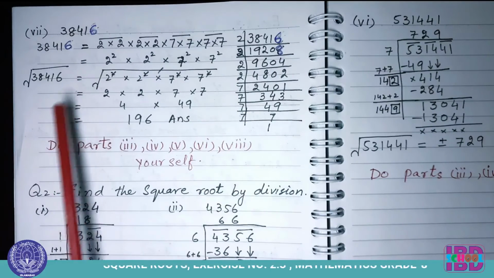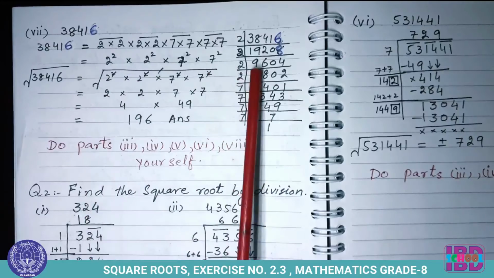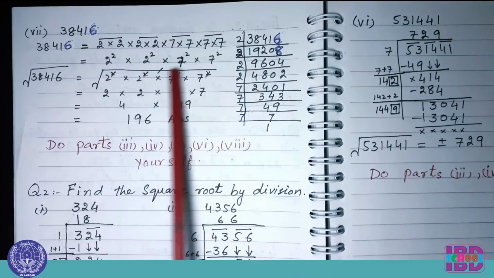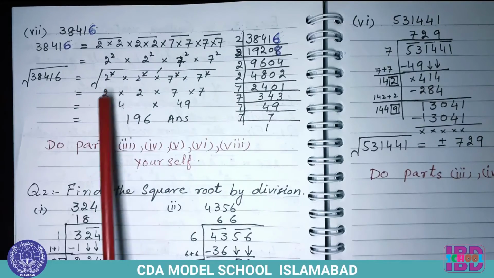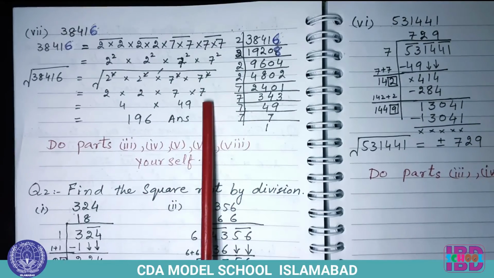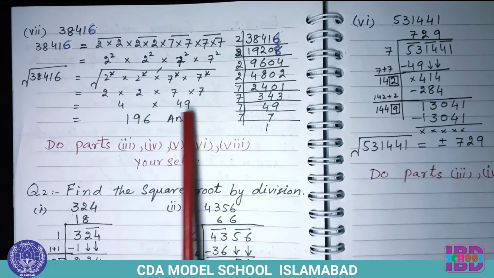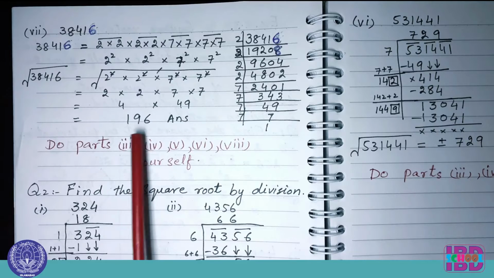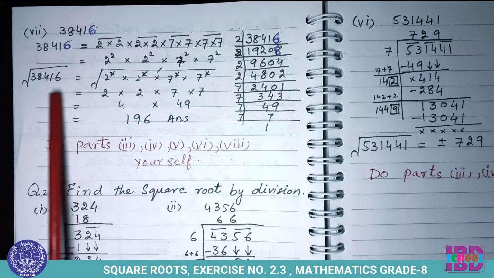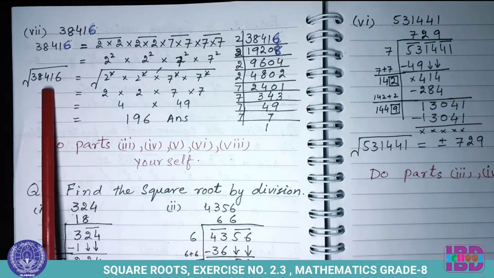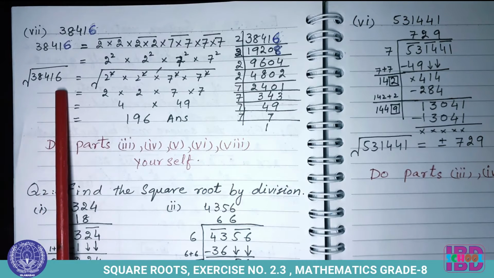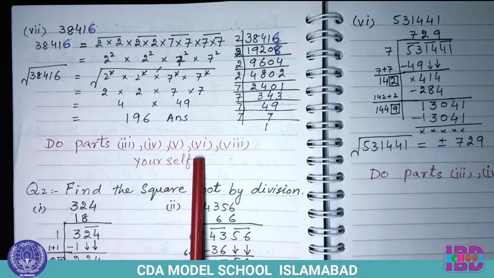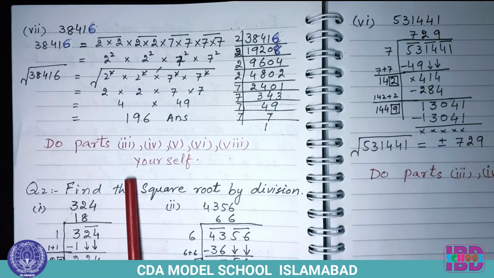Look here, I made its prime factors, then wrote them in pairs. Here I took out one factor from each pair and multiplied these and found the number 196, which is the square root of 38416. Do parts 3, 4, 5, 6 and 8 by your own.